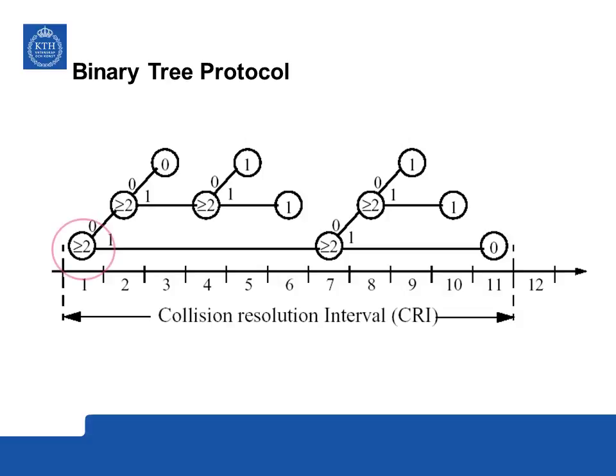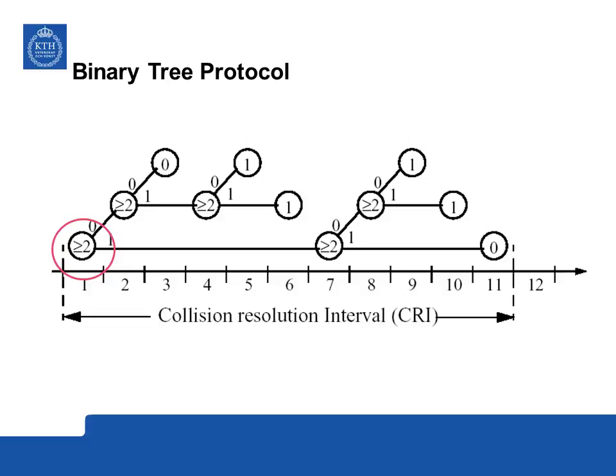Here, 2 or more stations have been involved in a conflict, and that starts the collision resolution interval. Now assume that all stations that have been involved in the initial conflict here in slot number 1 participate in the conflict resolution, whereas all other stations that haven't been involved keep silent until the conflict resolution interval is ended.